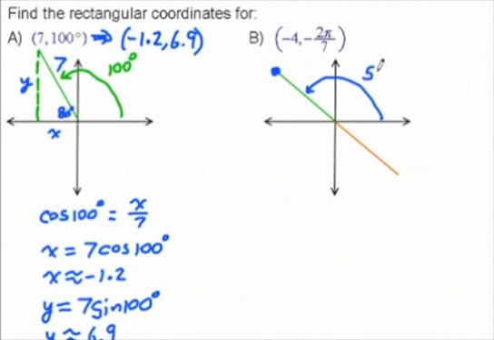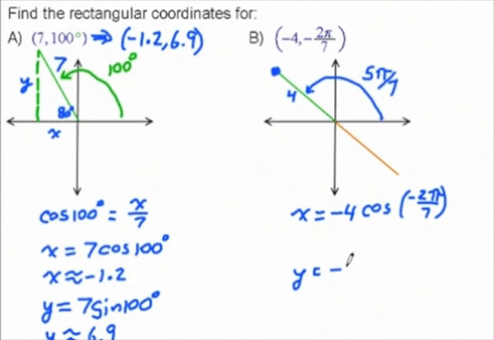This would be 5 pi over 7, and this would have a radius of 4. And we can do it that way. But I just think it's easier to say x is equal to r cosine of theta, and y is going to equal r sine of theta. And that way we don't even have to draw a picture.